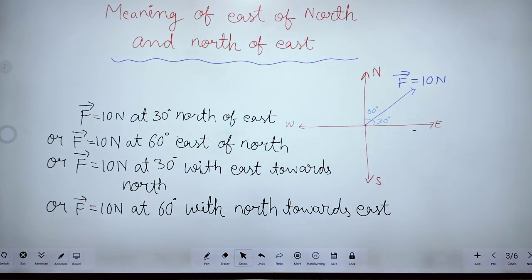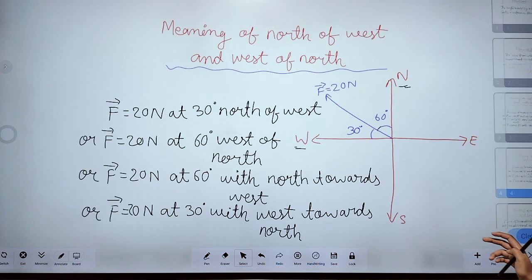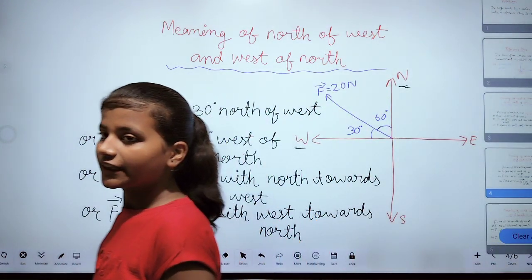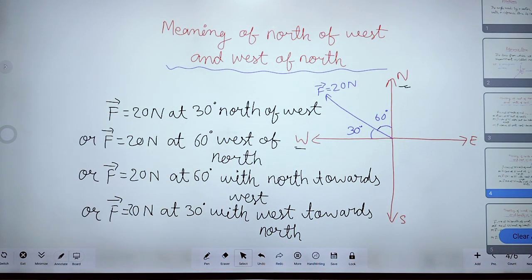Okay, the one with which the angle is formed is written in last. I hope you understand the meaning of east of north and north of west, and the meaning of north of west and west of north.